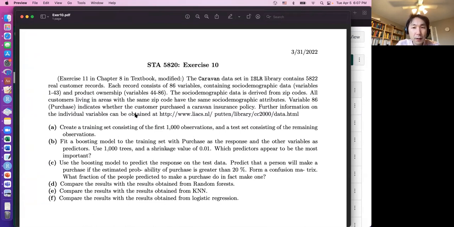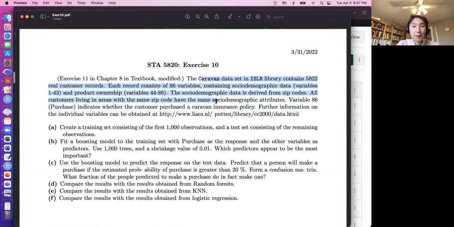I'm not exactly sure, product ownership of some insurance policy. So we have basically 85 predictors, mostly categorical, and one response variable, which is whether or not the customer purchased a Caravan insurance policy. Caravan may be a company's name or the type of insurance, I don't know.